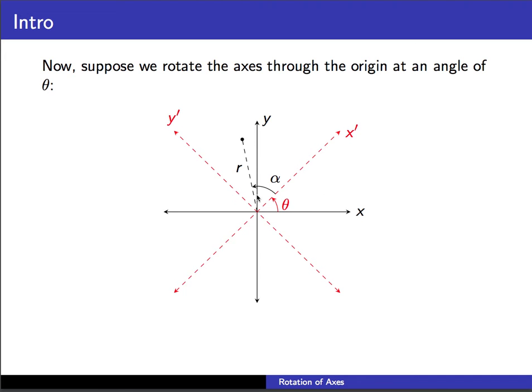So we take our axes and rotate them theta radians or degrees about the origin, and that takes our original point, which has the value r and an angle alpha, and now it's rotated even more.